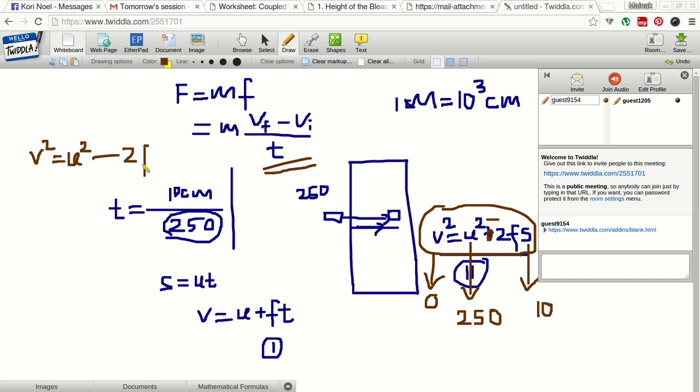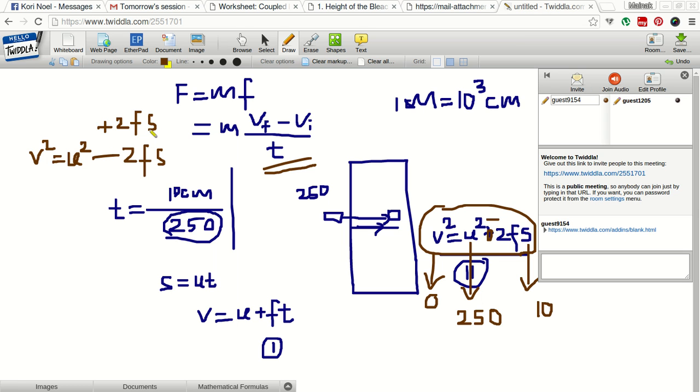And why is this minus? Because in the formula where we had plus twice fs, f itself, f is the acceleration itself, is negative. Is that correct? Yeah.